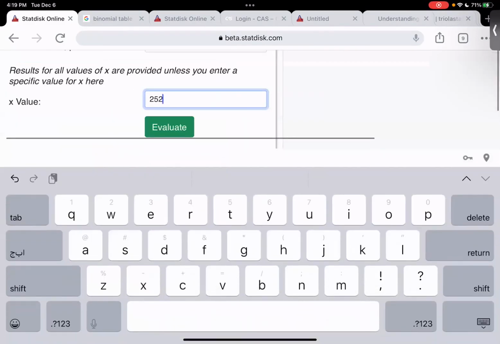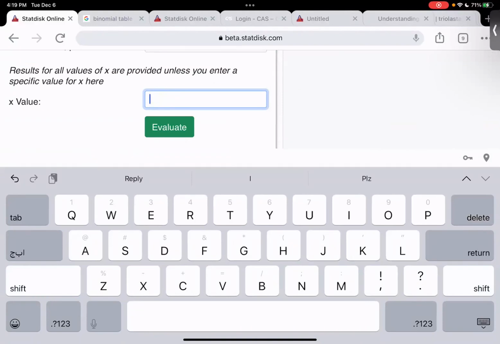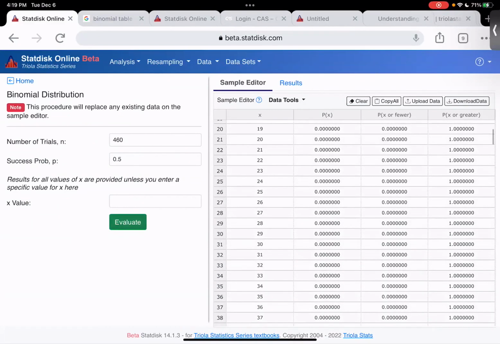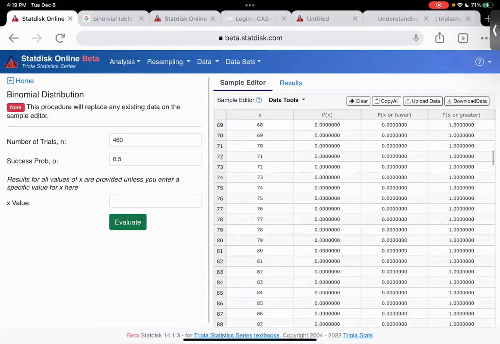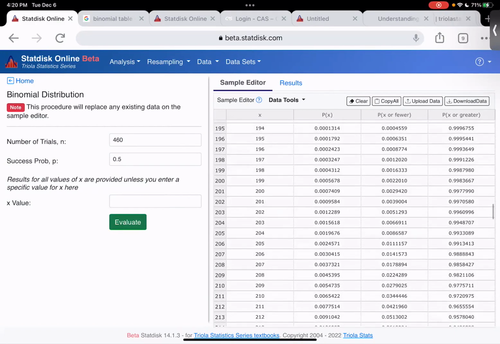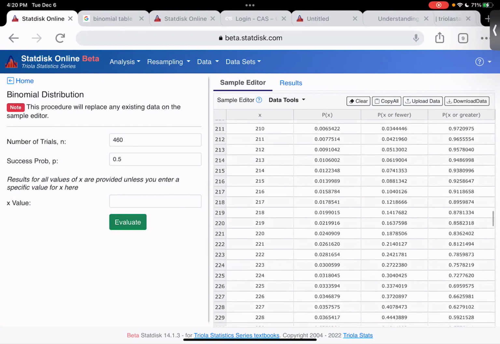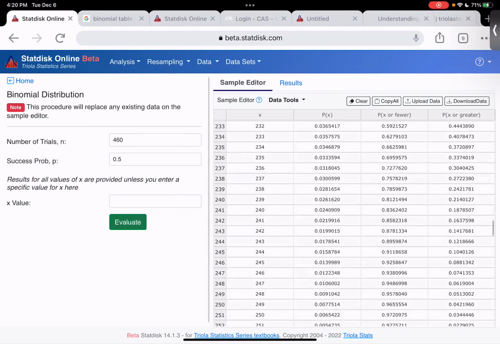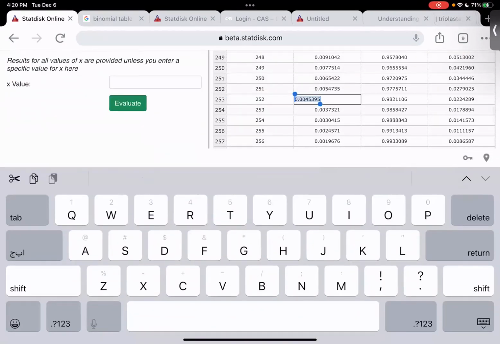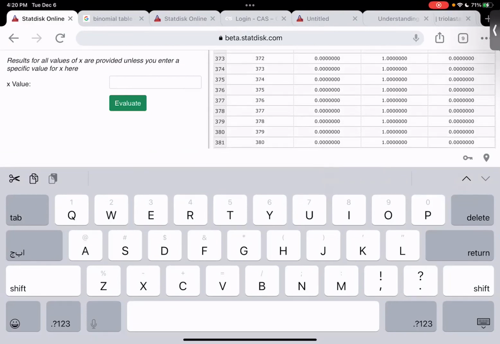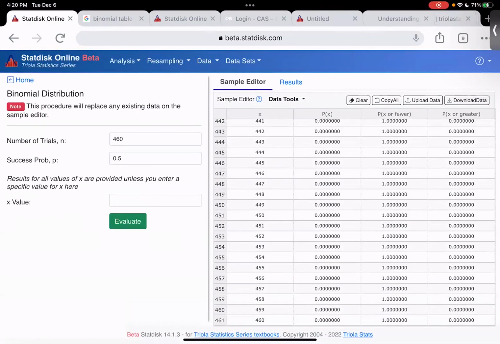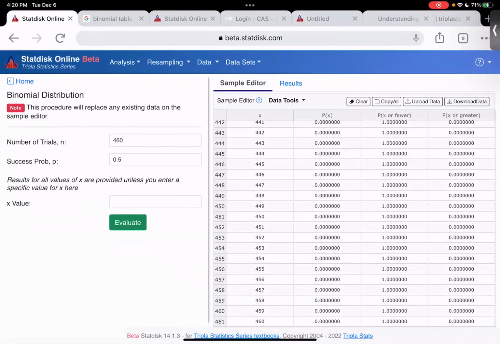So let's take this value. Starting from 252 all the way to the end, the rest of the values are almost zero.